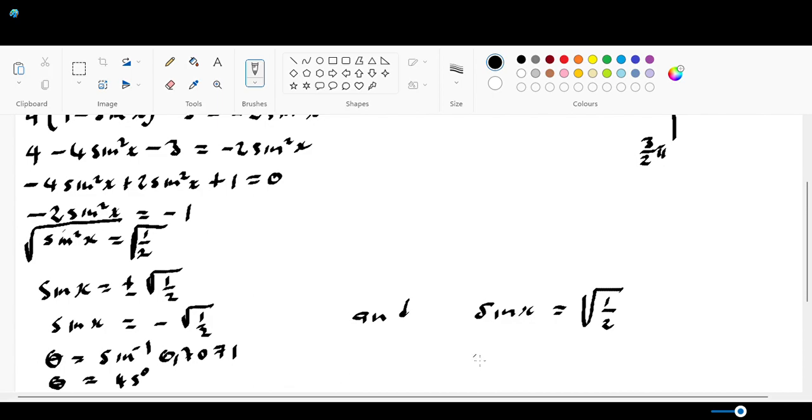So first, before you do anything else, you need to find the acute angle. Since both of them have square root 1 over 2, the acute angle for both of them is going to be 45.